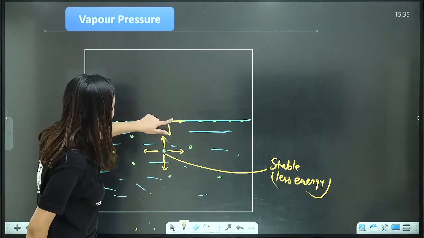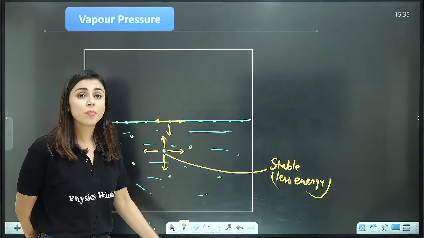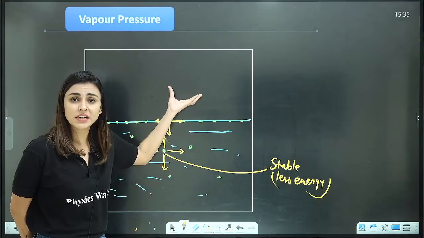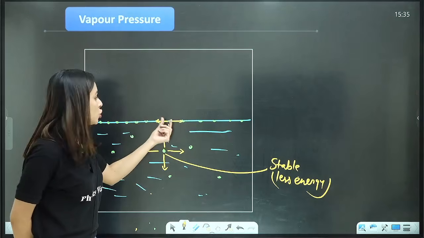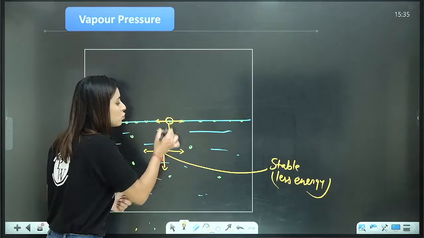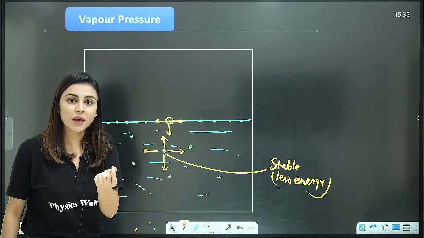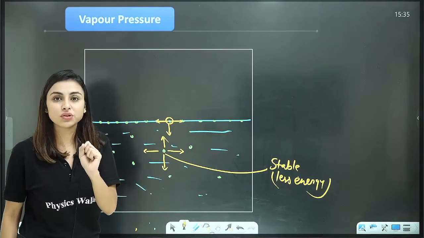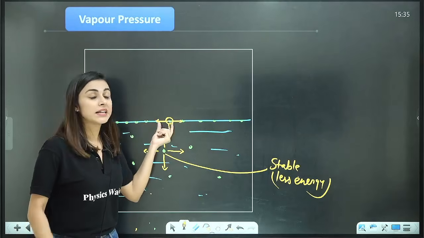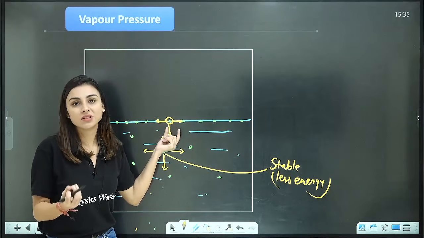But will there be any force from upside? No, ma'am, because there is nothing present. There is no other particle present outside. Yes, so this particular particle, my dear students, is unbalanced. So it will have some kind of energy, because it is experiencing unbalanced forces.